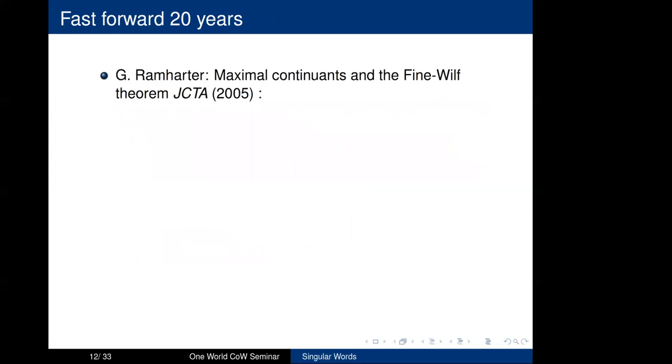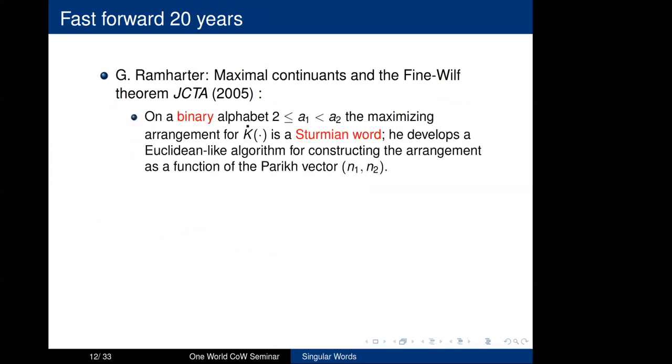Okay, so now fast forward 20 years, and Ramharter writes 2 more papers on the subject, one of which is entitled Maximal Continuants and the Fine-Wilf Theorem. So what happens there? He shows that on the binary alphabet, the maximizing arrangement for K dot is a finite Sturmian word.